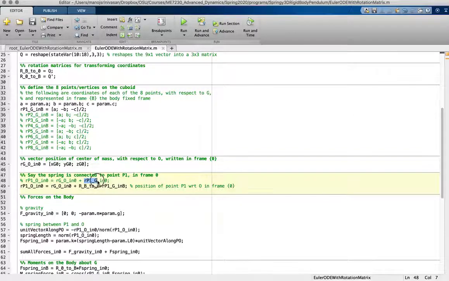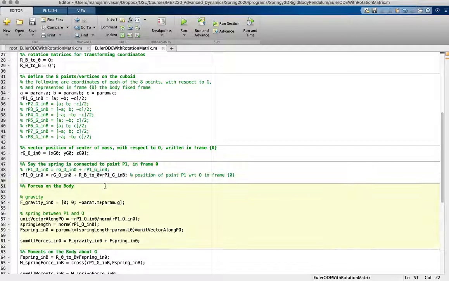And then Rp1 with respect to G in frame 0, we are expanding out in this manner. So we are defining the position vector of point P1 in frame 0 just for future use, because that is a point that is connected to the spring.